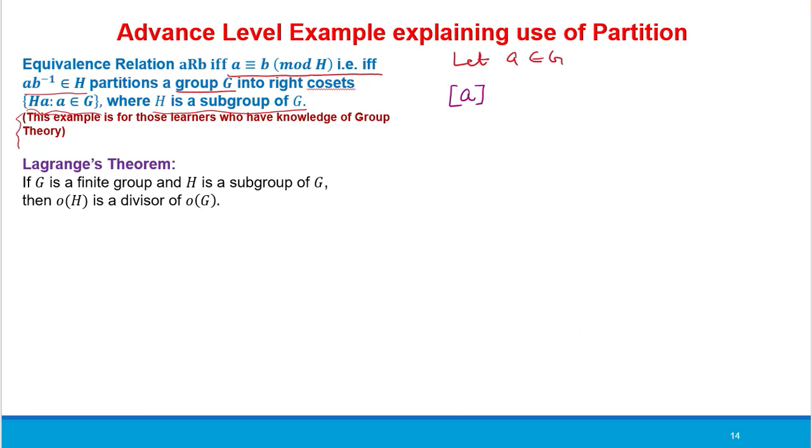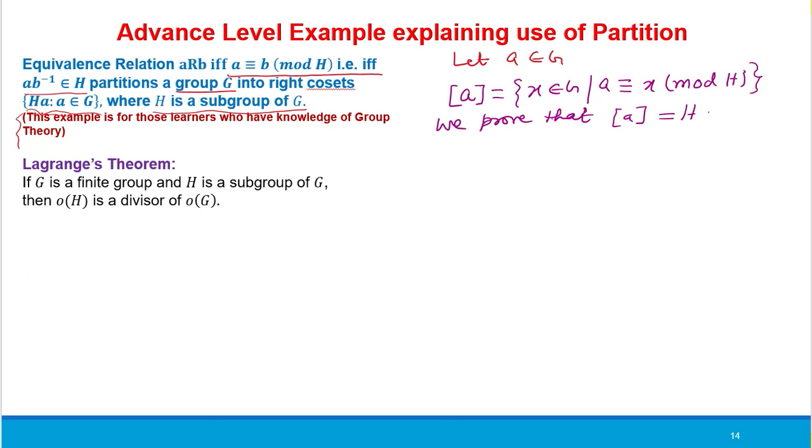Here the equivalence class is all the elements X in G such that A is congruent to X mod H. We prove that this equivalence class of A is nothing but the right coset HA.